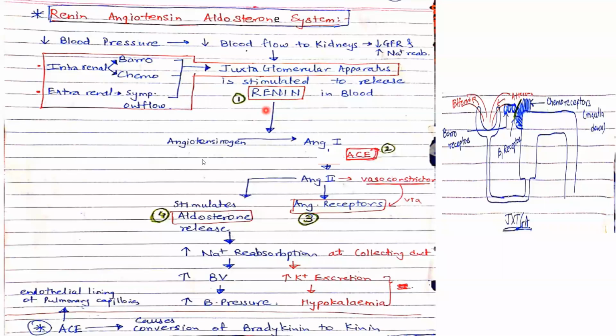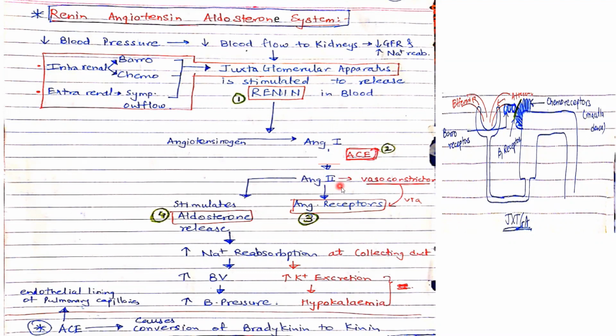So here, this renin converts angiotensinogen to angiotensin 1. Angiotensin 1 is converted to angiotensin 2 with the help of angiotensin converting enzyme. So angiotensin converting enzyme is very important for conversion of angiotensin 1 to angiotensin 2.